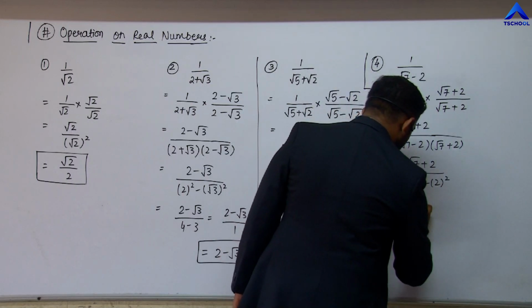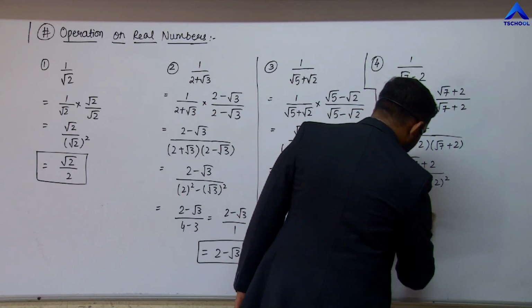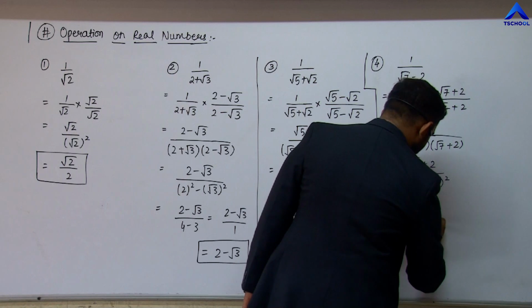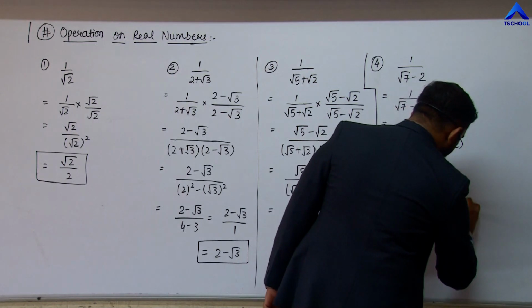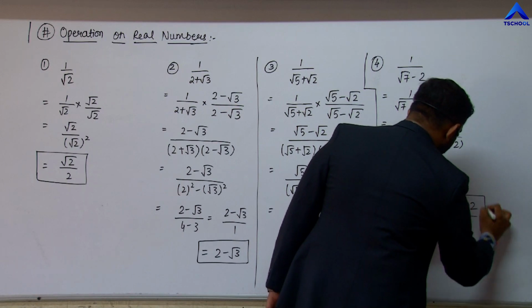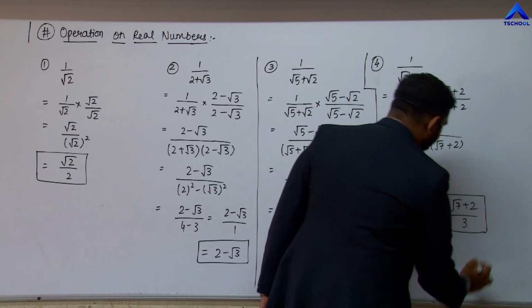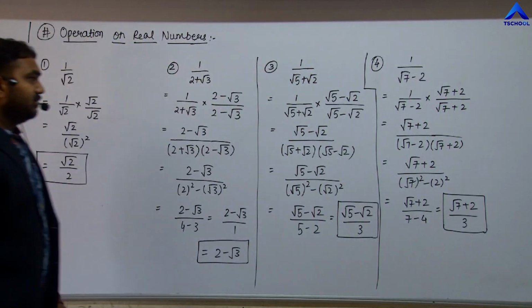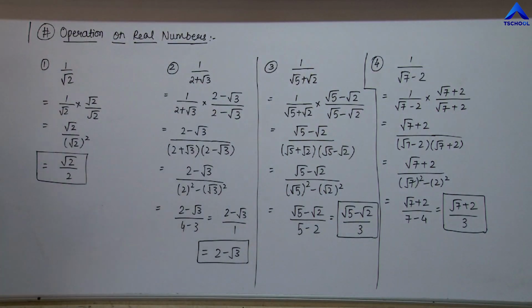So that is equal to root 7 plus 2 upon 7 minus 4, and that is root 7 plus 2 by 3. So that is the answer. Okay friends, so these were the sums about how to rationalize the denominator, right? Note this down, then we shall solve some more of the same kind.